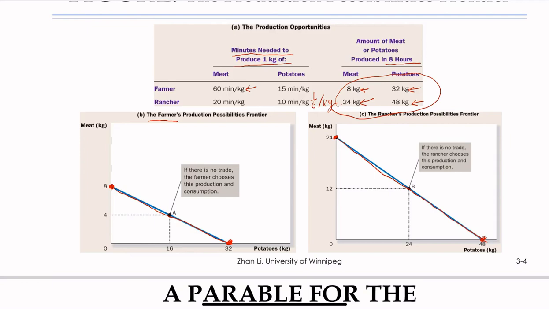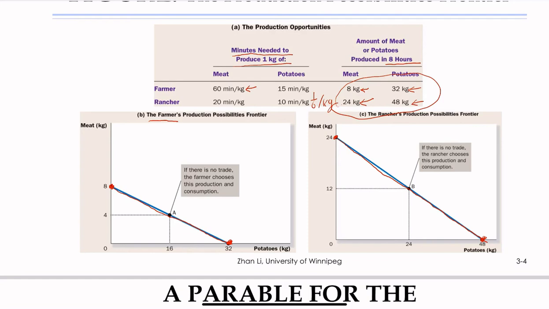After drawing out the two frontiers, let's assume how the rancher and the farmer will produce meat and potatoes. For simplicity, let's assume both the farmer and the rancher divide their time equally in producing meat and potatoes.